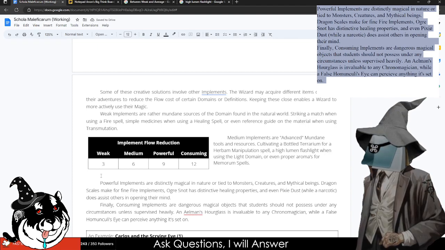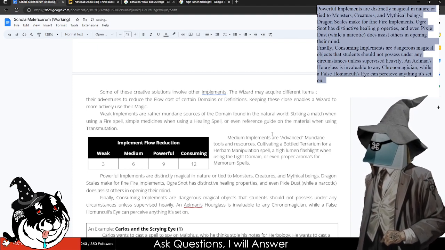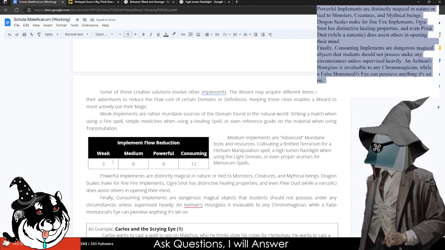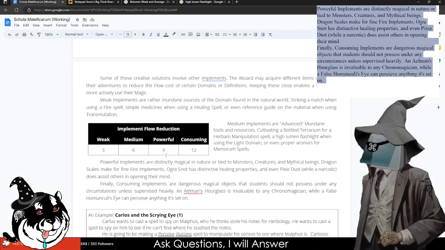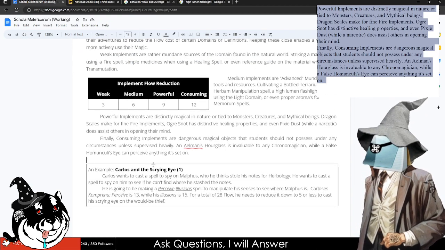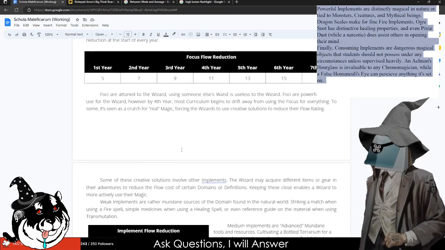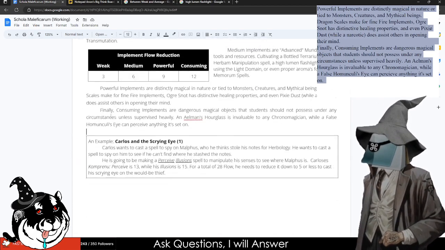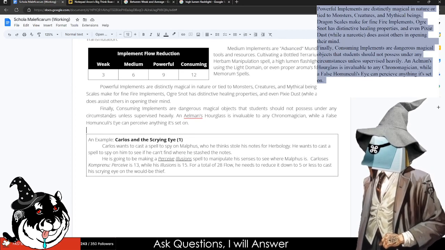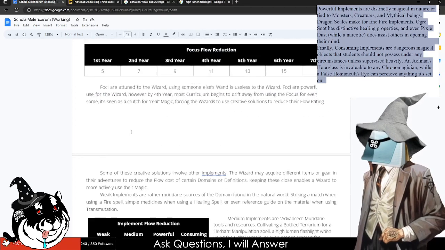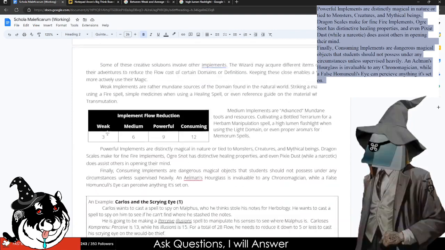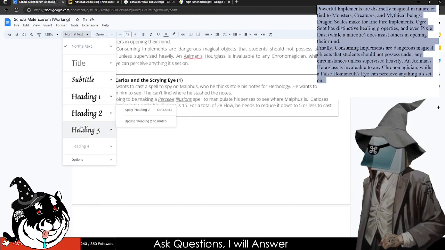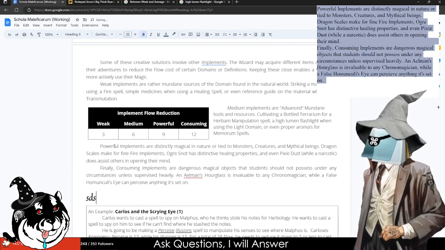Finally, consuming implements are dangerous magical objects. Actually, I want to be particular about things. 3.